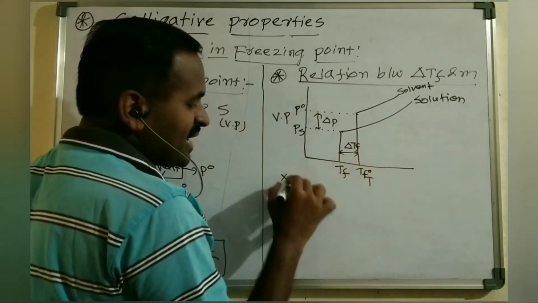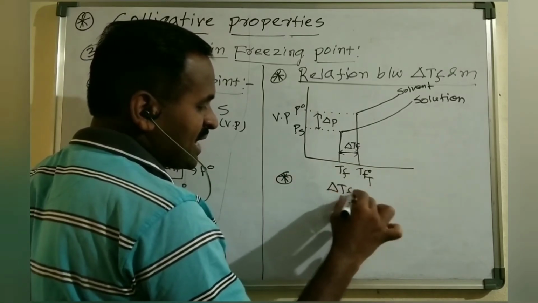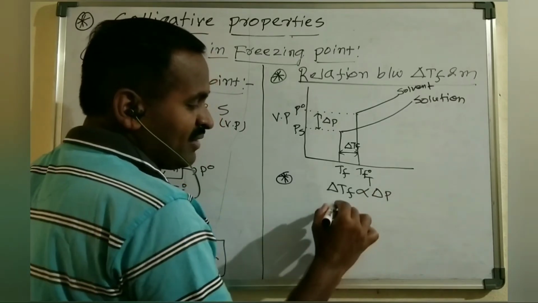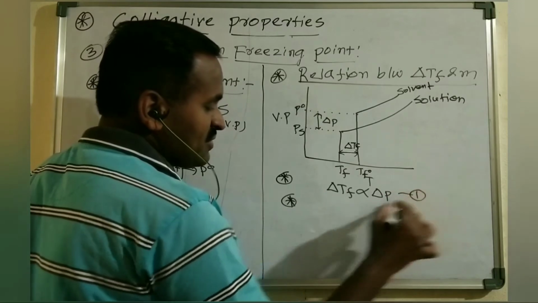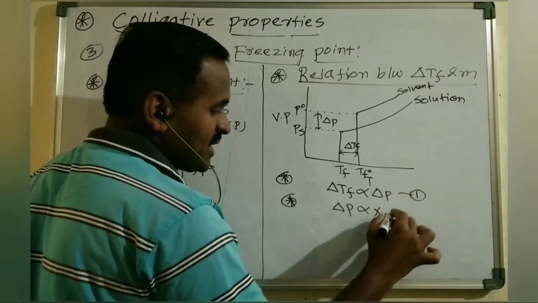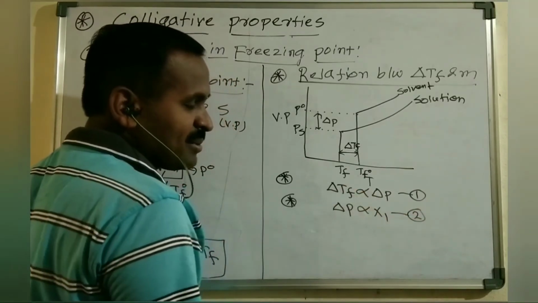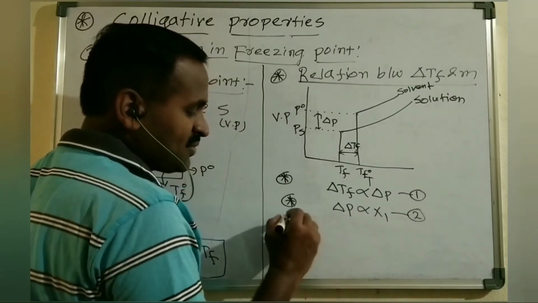From this graph we can conclude that delta TF is directly proportional to delta P. Let us take this as equation 1. From Raoult's law, delta P is directly proportional to x1. Let us take this as equation 2.